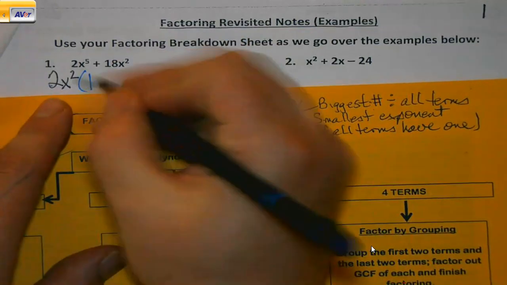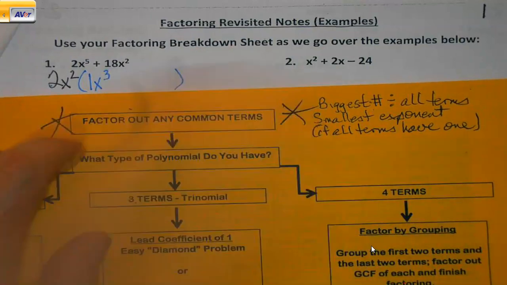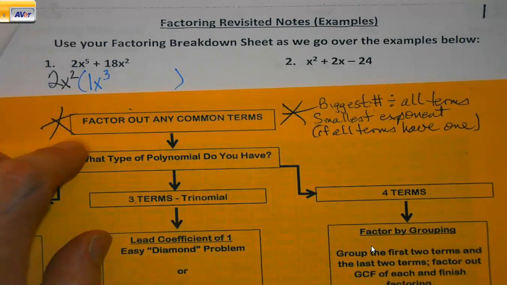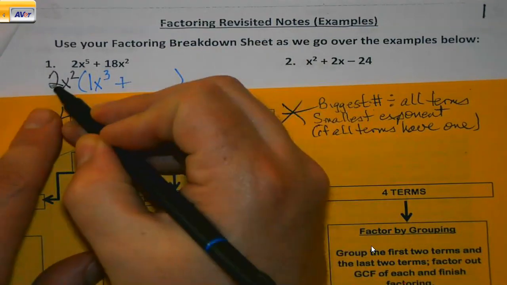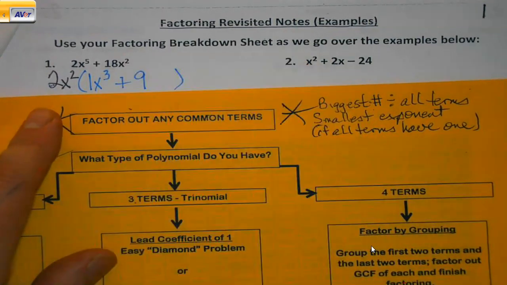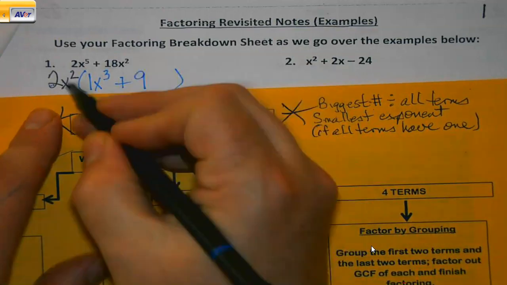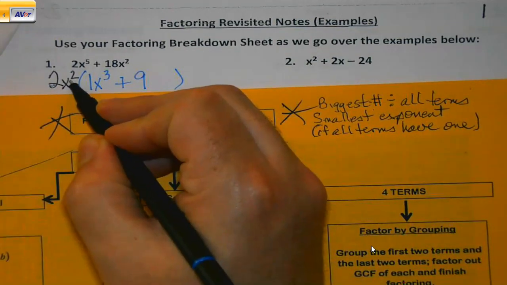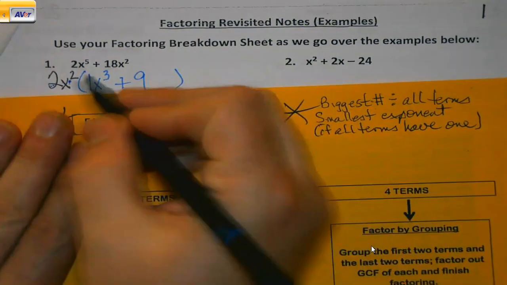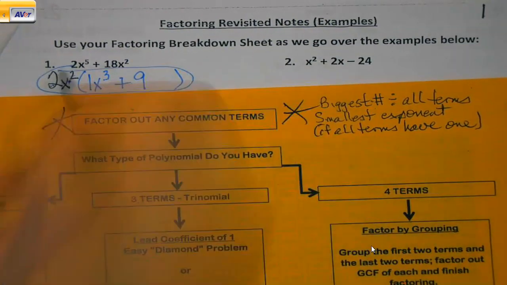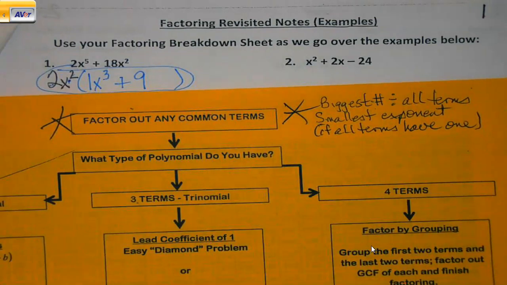So 5 minus 2 is 3. And that's all I'm going to do to each of these terms. 18 divided by 2. 2 minus 2 is 0. So if it's x to the 0, I just don't put any x's anymore. And that one, ladies and gentlemen, is done.